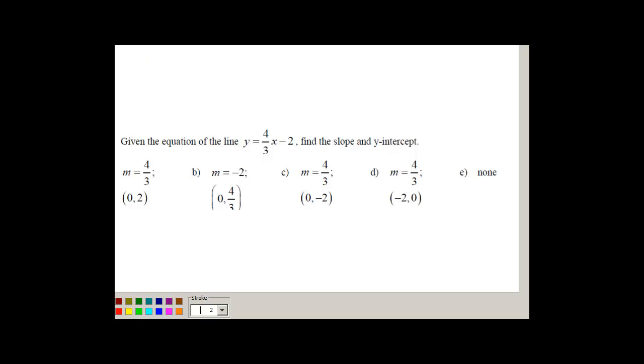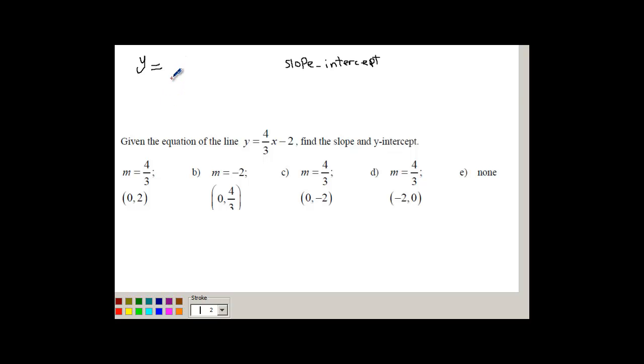Well, let me ask you, do you know what's the general equation of the line in the slope-intercept form? No, the formula. Anybody know the formula? Y is equal to what?